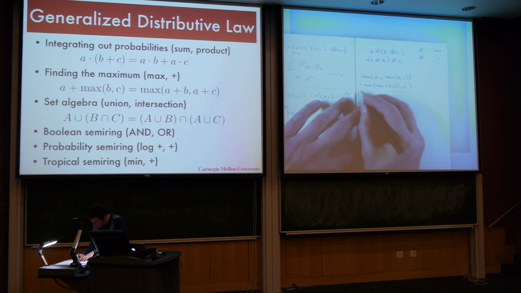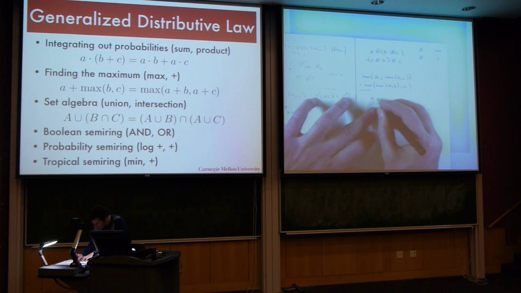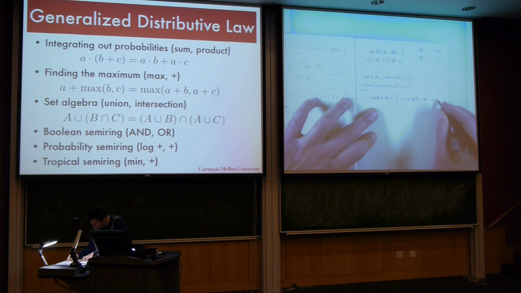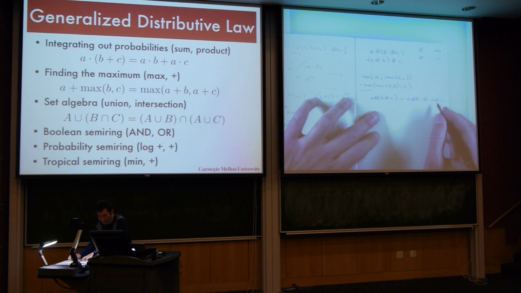To check distributivity, I need to check that A times B plus C equals A times B plus A times C, and the usual rules of precedence of operators hold.